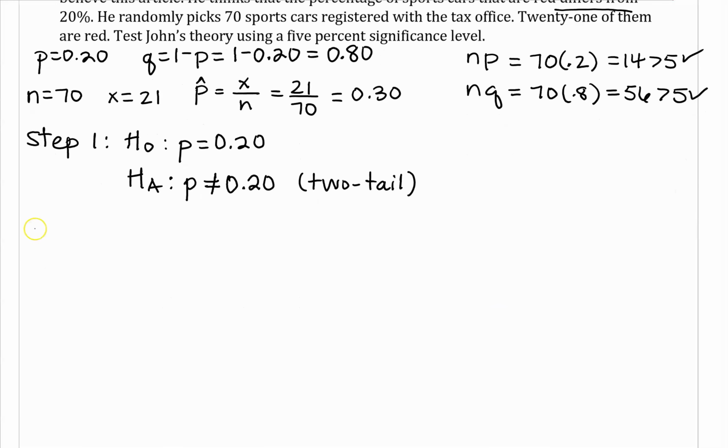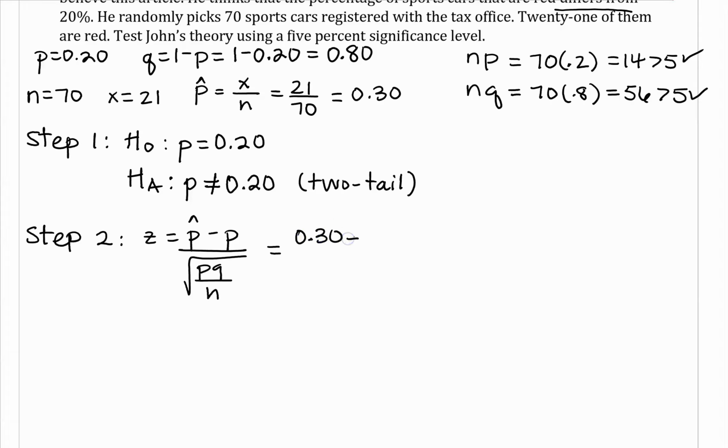Now moving on to step 2, we will calculate our test statistic using the formula that Z is equal to P hat minus P divided by the square root of P times Q, all divided by N. P hat is 0.3, and from that we are subtracting 0.2, and then we are dividing by the square root.